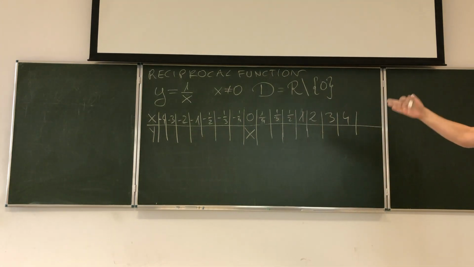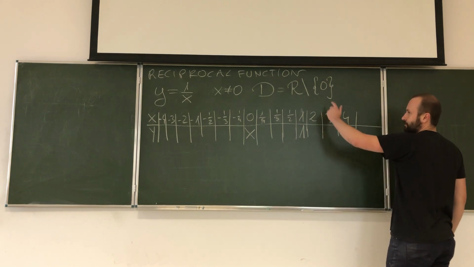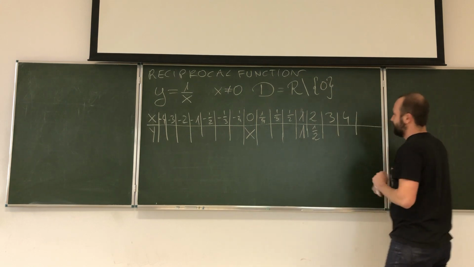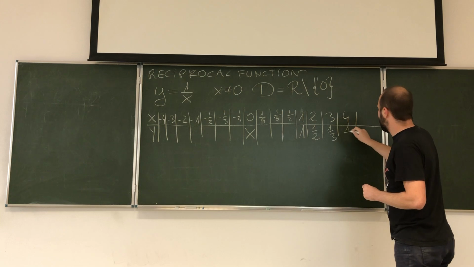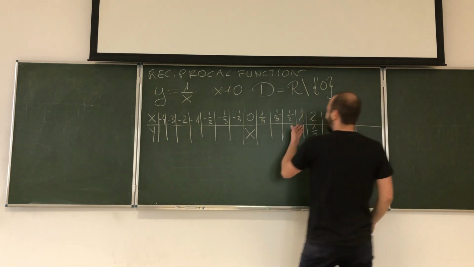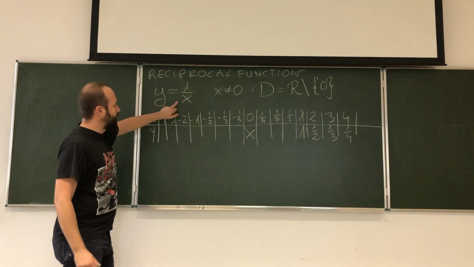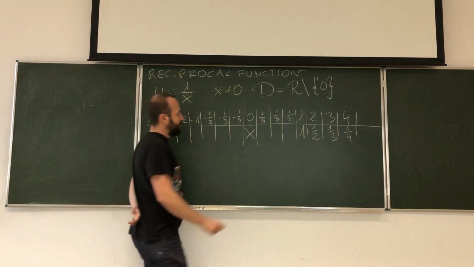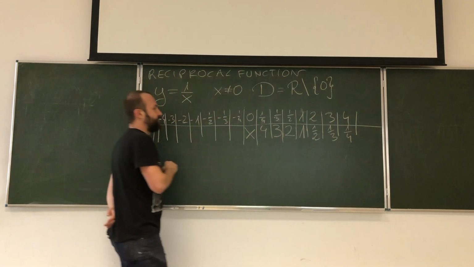Look, if x is 1, y is simply 1. Now, if x is 2, we get 1 over 2. If x is 3, we get 1 over 3. Then, if x is 4, we get 1 over 4. But what happens if x is somewhere between 0 and 1? Well, if I divide 1 by 1 over 2, I need to multiply by the reciprocal. I'm going to get 2, 3, and 4.